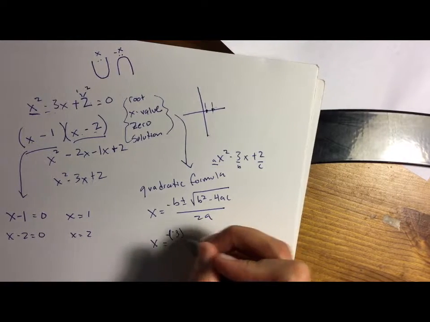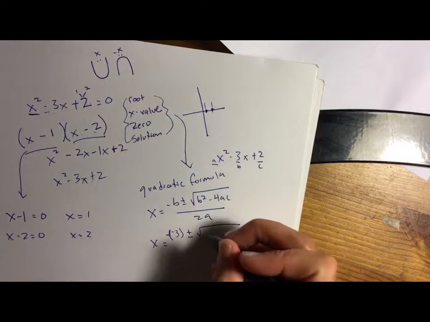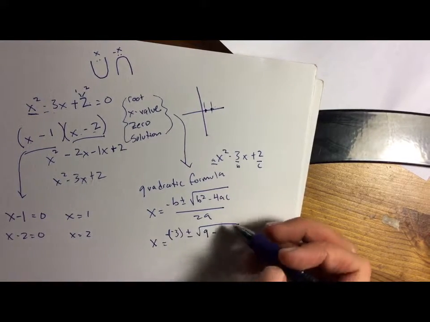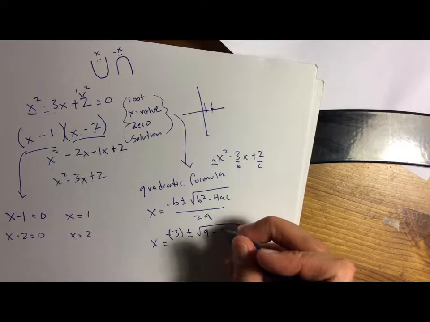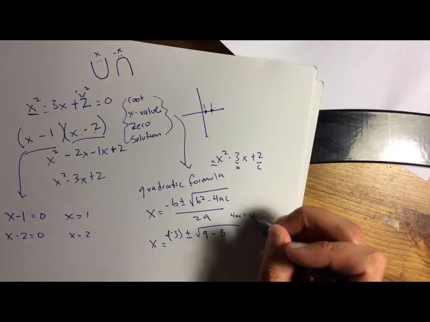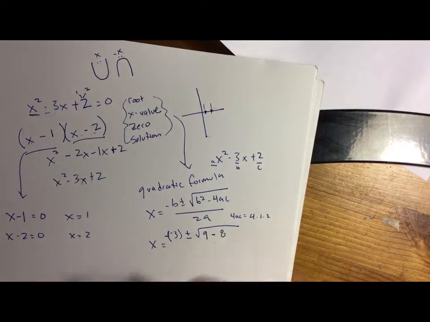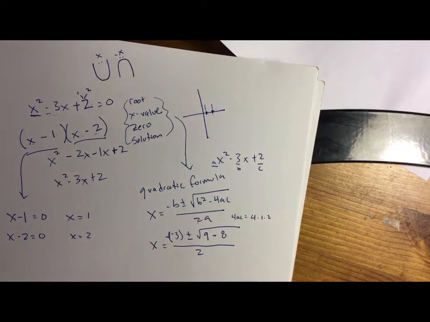Okay, so there's our negative b plus or minus the square root of b squared. Negative 3 squared is 9, minus 4ac. So 4 times a, which is 1, times 2, so that's 8. All over 2a, so 2 times 1, 2. Alright, cool.